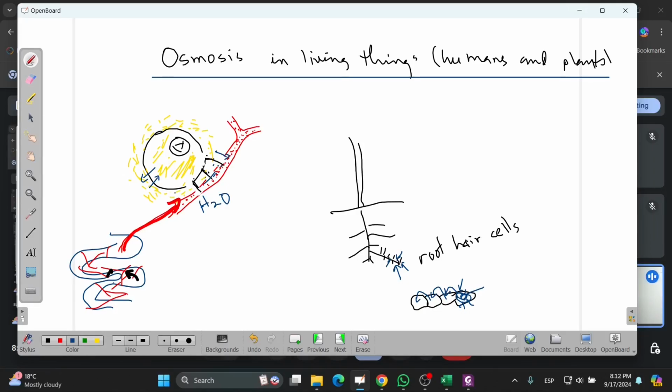So when the tissue fluid donates water to the blood, it becomes thicker, and then the cell donates water to the tissue fluid. So in any case, the water will be moving out of the cell into the tissue fluid and from the tissue fluid into your blood. That is when you are not drinking water. But in general, you can say that water goes in and out of the cells by osmosis.